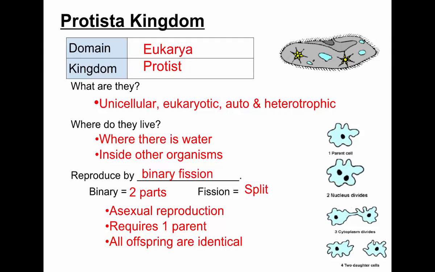What happens is the nucleus, which is where the genetic material is, copies itself. Then you have one amoeba with 2 nuclei, and then the rest of the cell divides so that there's a nucleus in each cell, and you end up eventually with 2 amoebas. They each have a nucleus, they have the exact same DNA.